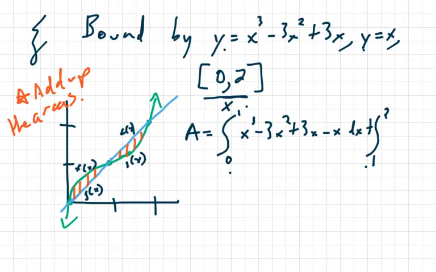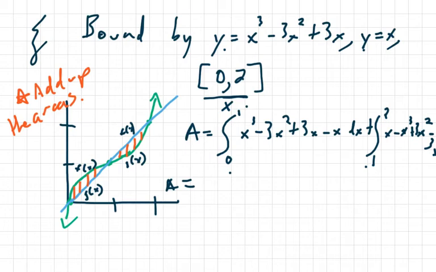Now we got to flip this around because now it's x minus our cubic graph. So this is, I'm just going to put this in because I'm running out of room here. So x minus x cubed plus 3x squared minus 3x. And look at me squishing that in there. That's great. D of x. All right. We'll simplify and then take the integral.